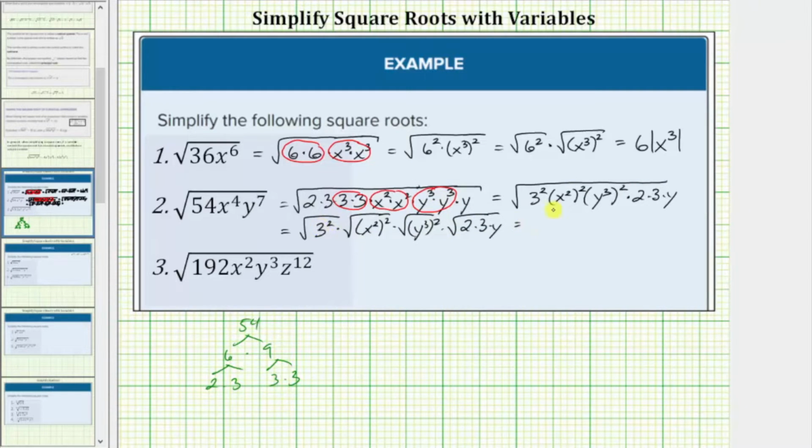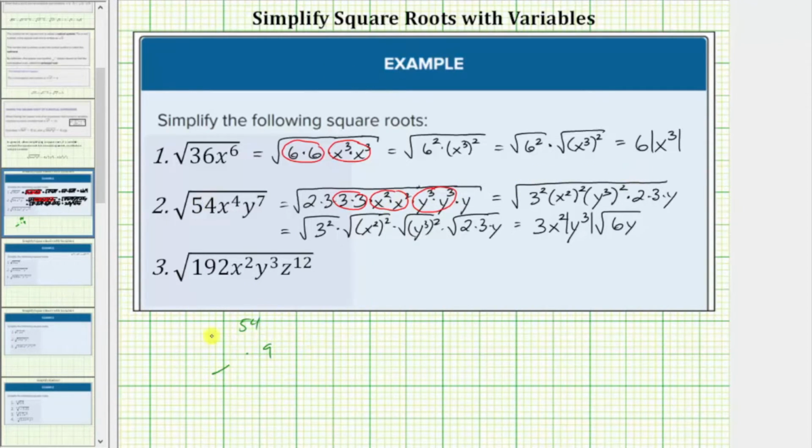Simplifying, here we get 1 factor of 3, here we get 1 factor of x squared, here we get 1 factor of y cubed, and then we still have times the square root of 6y. The exponent on y is odd, and therefore this requires an absolute value. After doing this a while, we can probably go from this step here to the simplified square root, but for these 3 examples, I do want to show detailed steps.